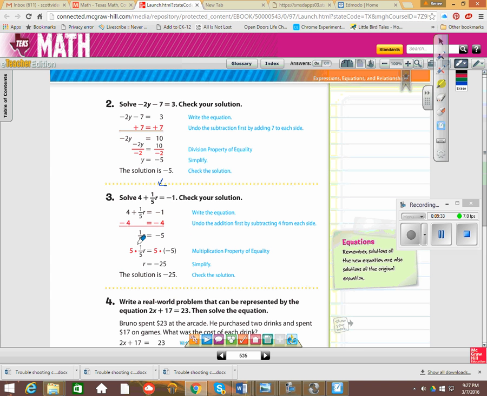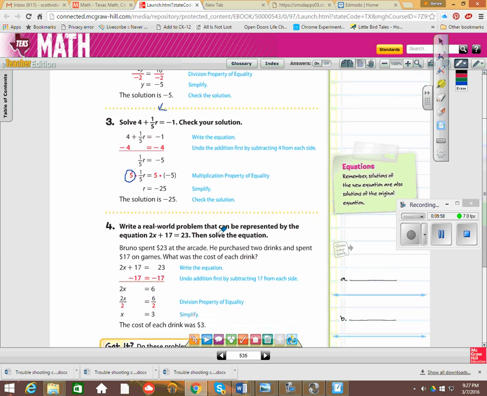So you know 1 over 5 is division, so you have to multiply by its reciprocal, which is 5. If you multiply both sides by 5, you have to multiply by a positive 5, okay? And you already have a negative 5 here.